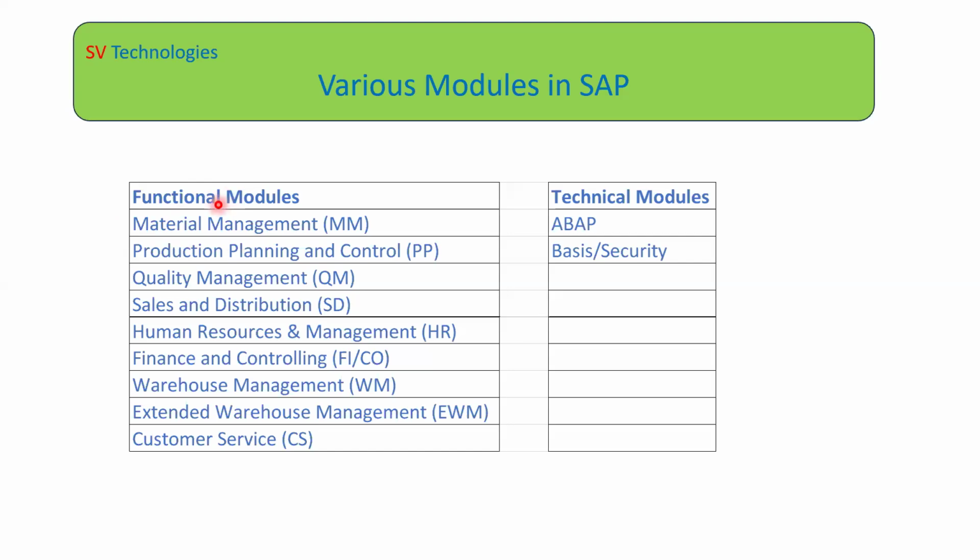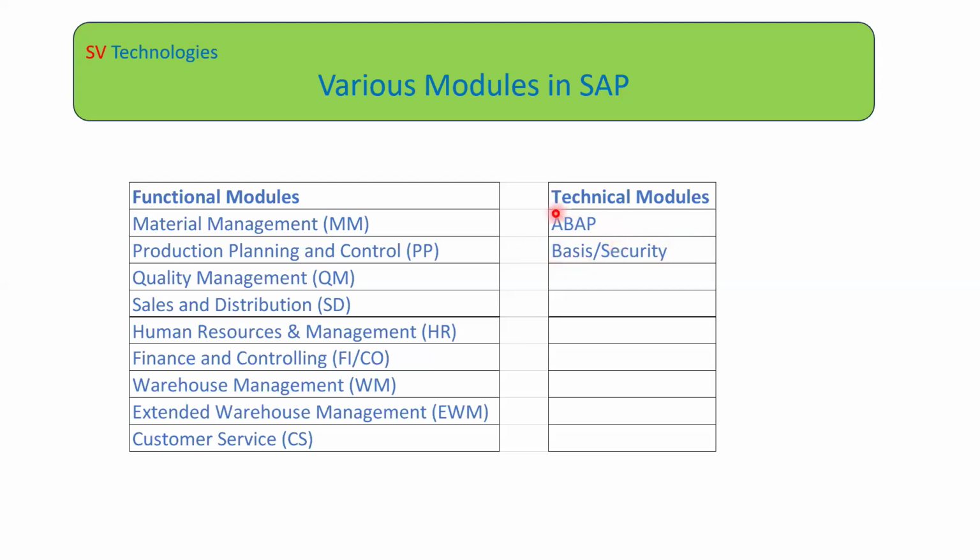If any coding related requirements or changes have to be done, that comes under technical. In SAP, for all these functional modules, we have only one coding module, that is ABAP. Only the ABAP team will be doing the coding part. The rest of the people will not be doing any coding, even if they come under technical.